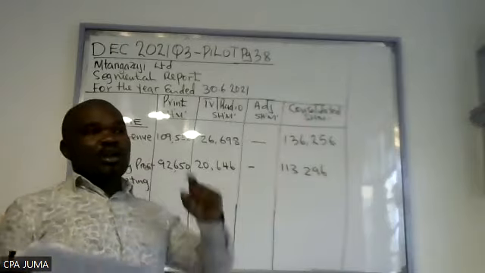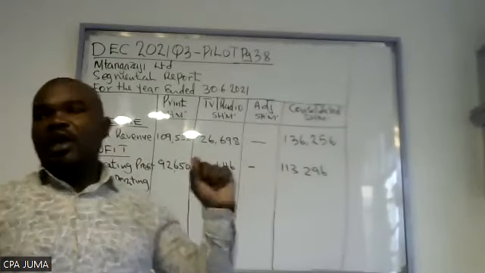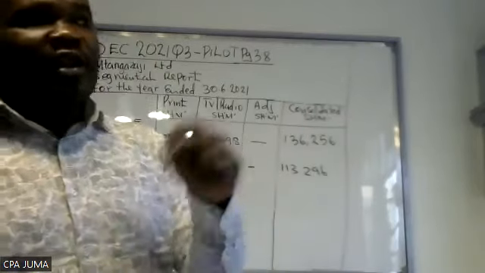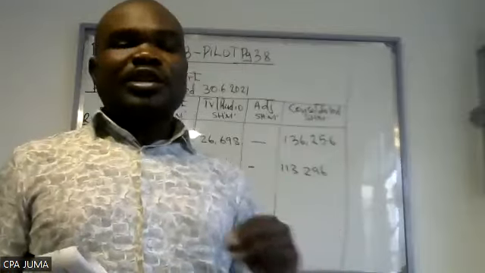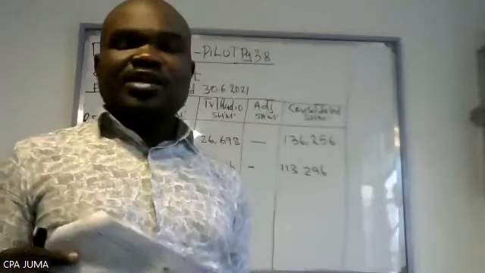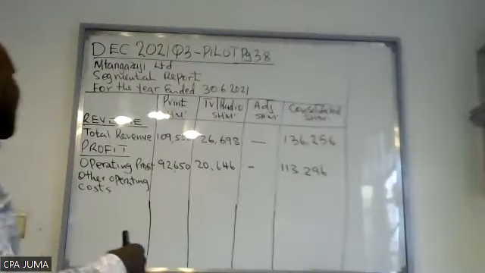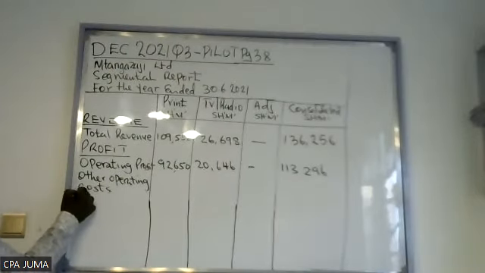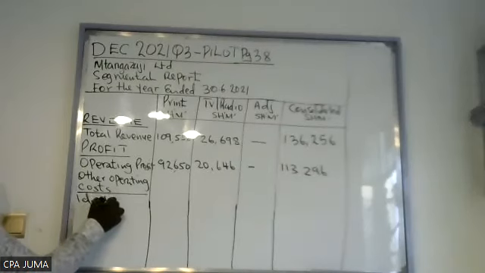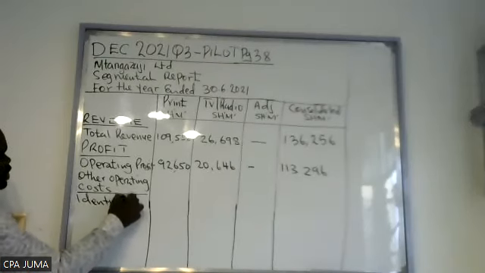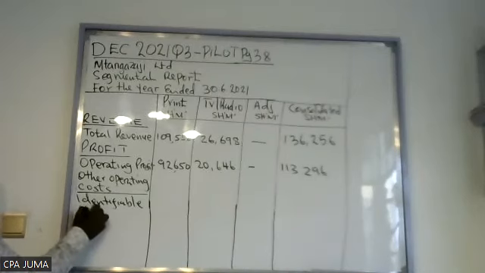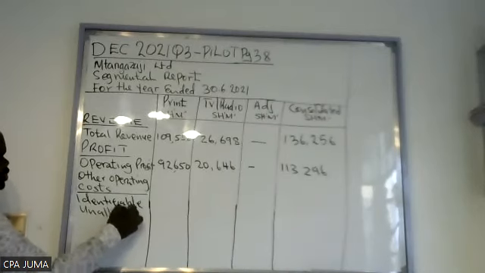The ones relating to the segment are called identifiable, then there are unallocated. You can underline this, then you say identifiable, then unallocated.